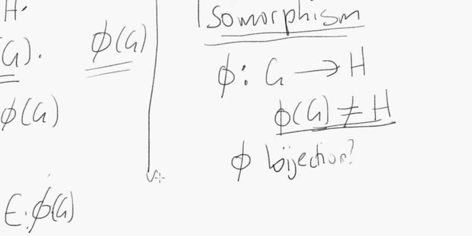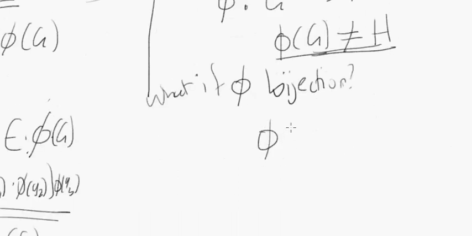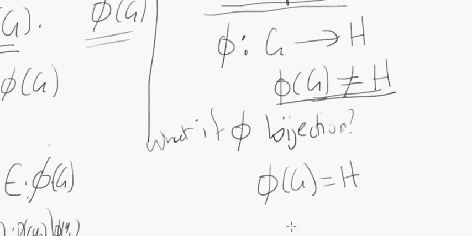That is, phi is a homomorphism, but it's also a bijection, which means that phi of G equals H. This means that the image of the function is H, that is, the map is surjective, or onto.